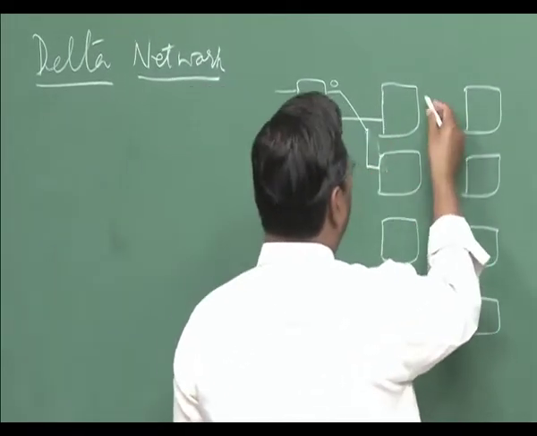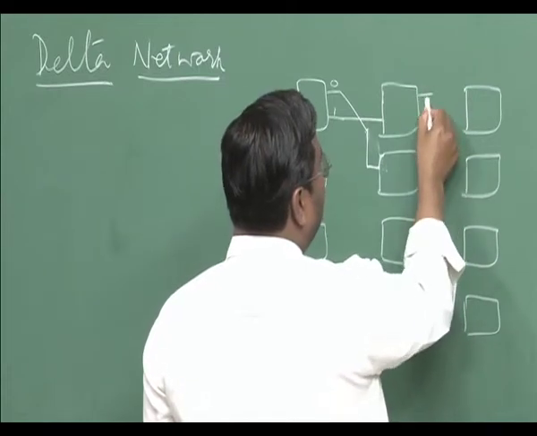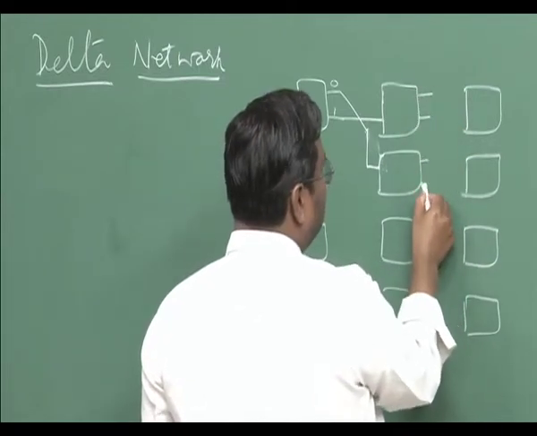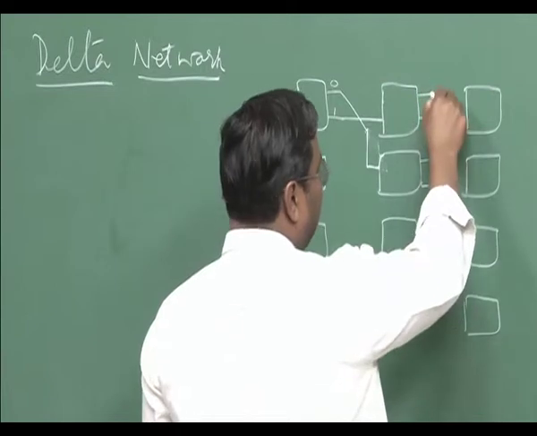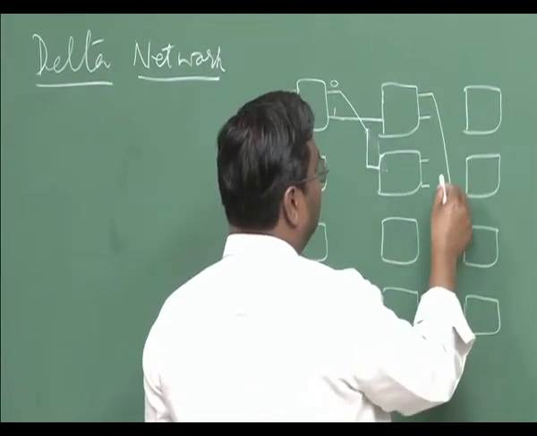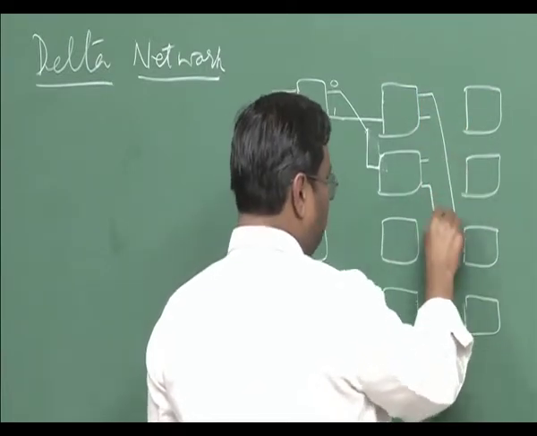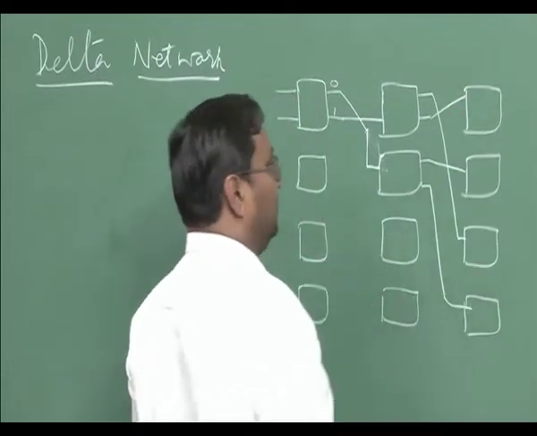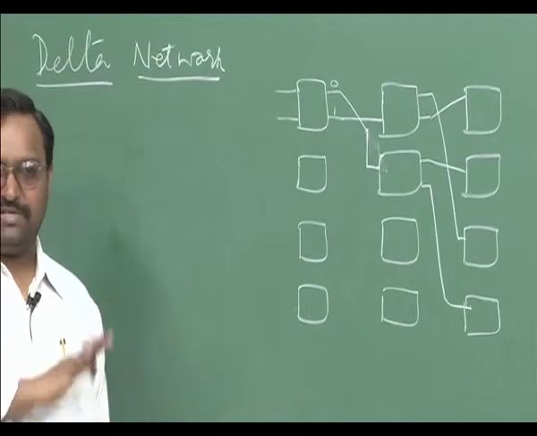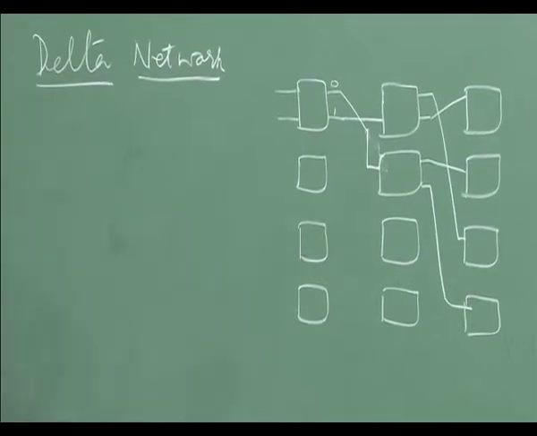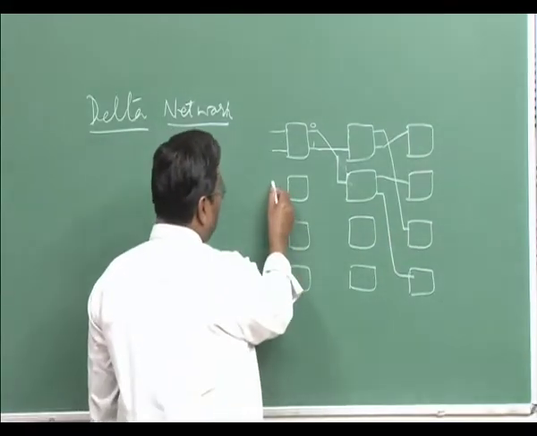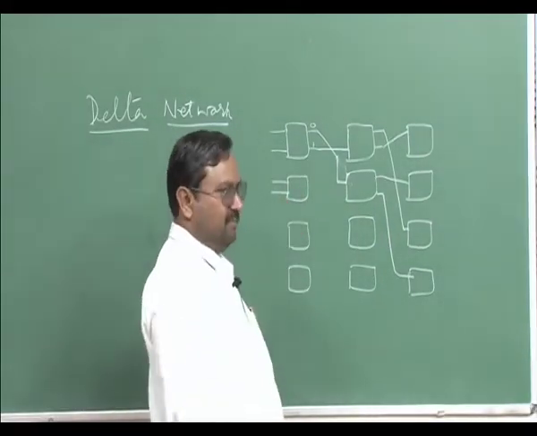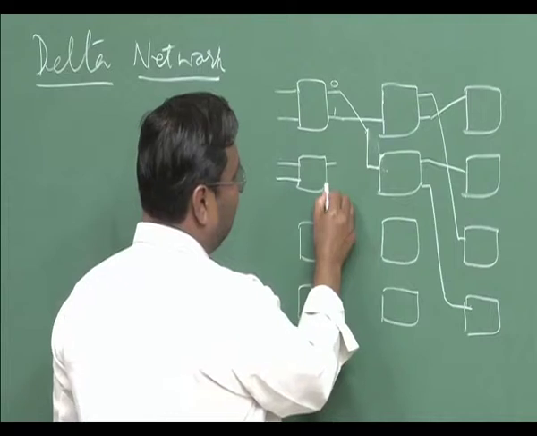I am just connecting something arbitrary, and from here there are again 2 things, and I can connect in any fashion I wish. Something like this. So, I am just making an arbitrary demultiplexer tree based on the delta network. The next one which I will take will also have 2 outputs.